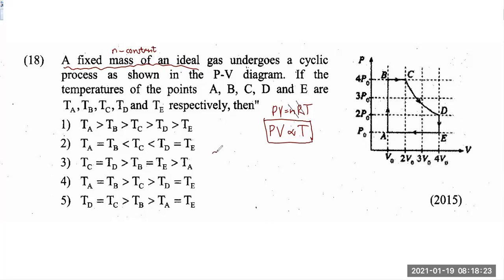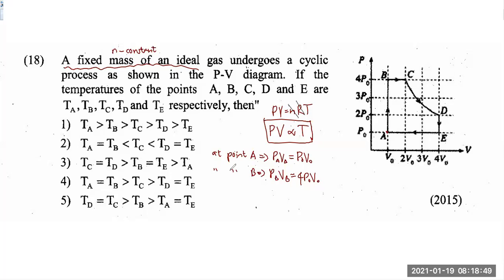So if you take point A, what is the PV multiplication? We can say PAVA is equal to P naught V naught at point A. And then at point B, PBVB is equal to 4P naught V naught.